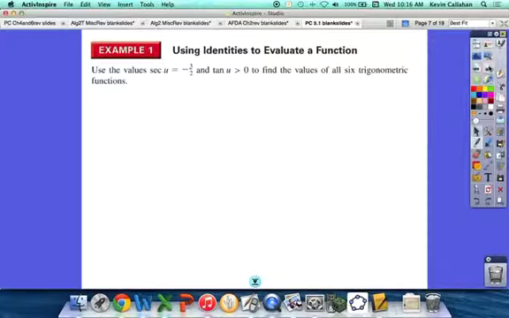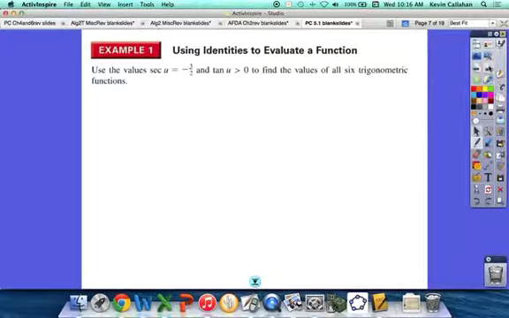So, use the values of the secant and the tangent being greater than 0 to find the values of all 6 trig functions. The fact is, we know how to solve a problem like that based on what we've already done, in that if the secant is negative, then the cosine is negative. So this is telling us that cosine is negative and tangent is positive.